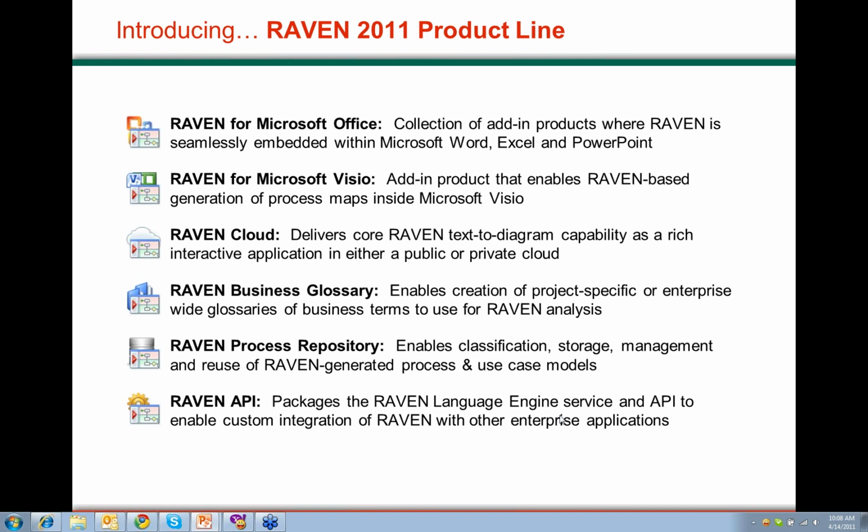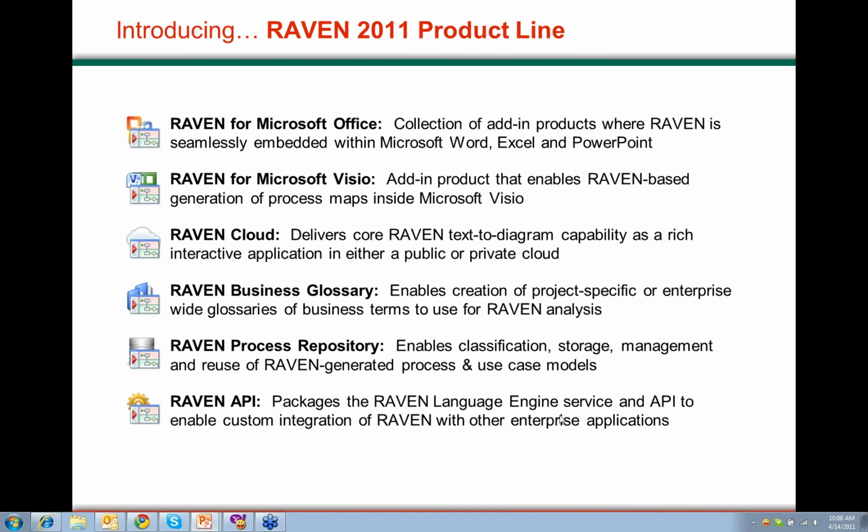The glossary takes the Raven glossary capabilities that you've seen in Raven 5.2 and makes them much more enterprise class, really a separate service, a separate application that you can use with Raven or with other applications as well.